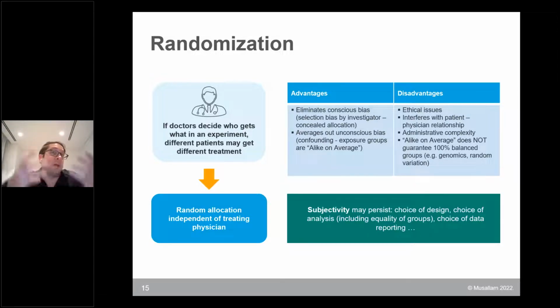But if you say, I'm going to give you something at random, it gives a different connotation to that. There is administrative complexity to ensure it's done properly. And as I said, alike on average is not guaranteed. So we randomize, and technically speaking, you expect that for the most common or known things, the two groups are going to be balanced in terms of age, gender. But there are so many things in genomics that could still be there. There's always random variation.